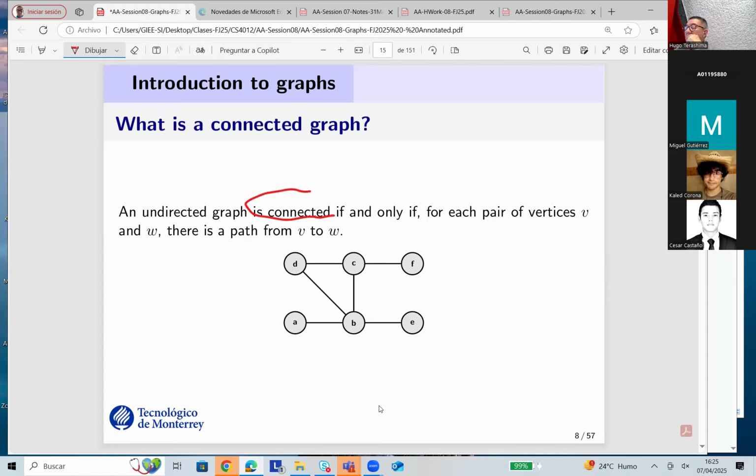Is this graph connected? Is my question, according to the definition here. Yeah, everything is connected. You choose any pair and you find a path. So there's a path from any V to W, so that is okay.